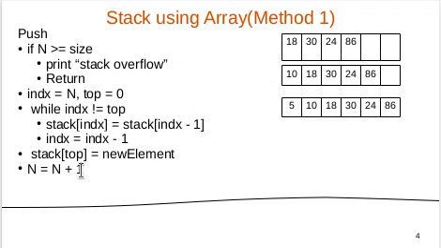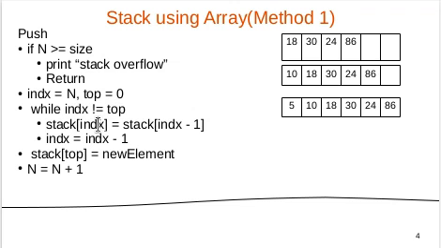Consider there are 4 items in a stack. Now index will be 4, top will be 0. Now while index is not equal to top, that means index is now 4, so it is not top, so it will go inside this.